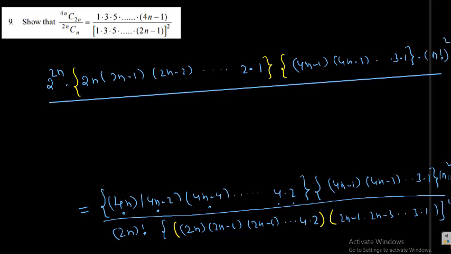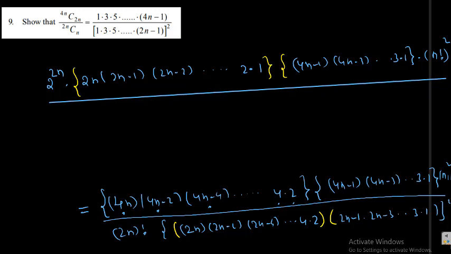Divided by, you write as it is 2n factorial. So here you can take 2 common. Actually here n terms.